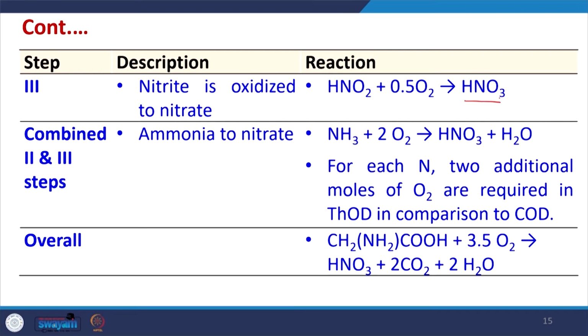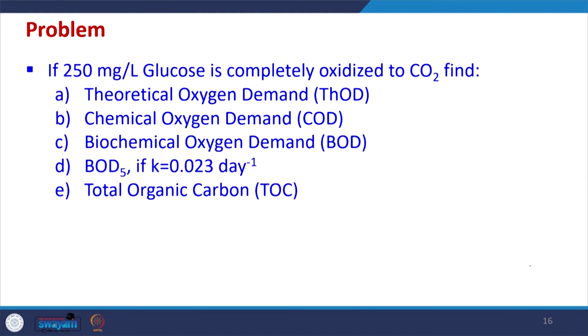So, if we add the second step, ammonia is getting converted into HNO3, and for each N we require 2 additional moles of oxygen in THOD calculation as compared to COD calculation. So, overall this will be the reaction for glycine for THOD. This is the difference.